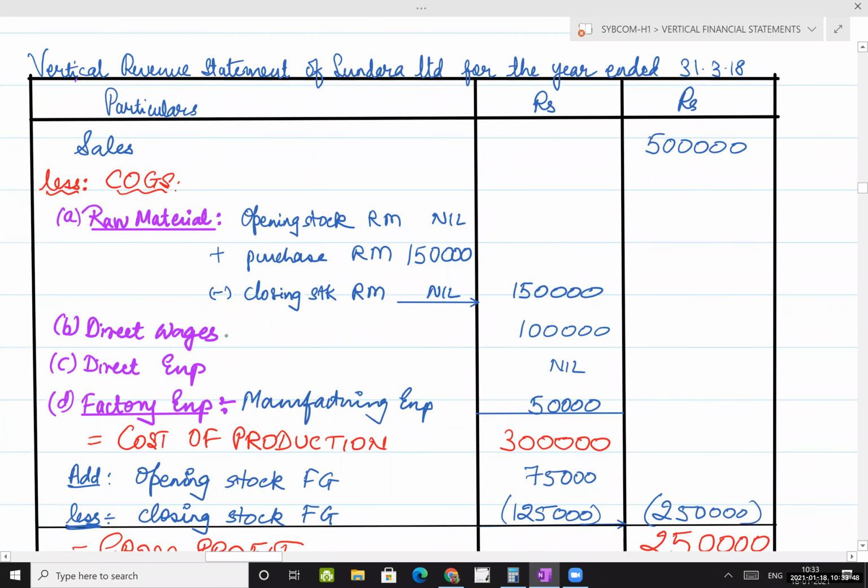Next in COGS comes direct wages 1 lakh. Next comes direct expenses 0, and next comes factory expense, that is factory overheads 50,000.